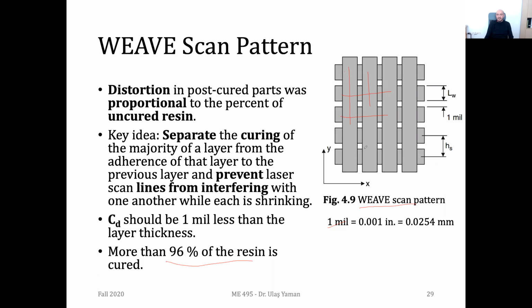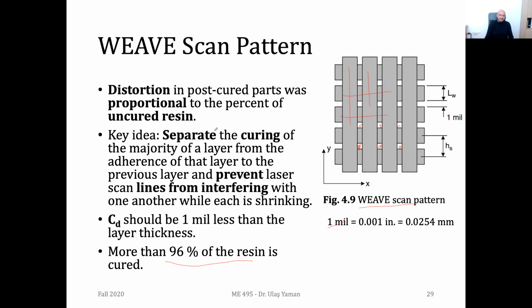For instance, if you consider here, our laser is not moving over these points, right? And since this fabrication is done in a vat, we have polymers all around, so the ones inside this region will not be cured since we don't have any laser going over them.